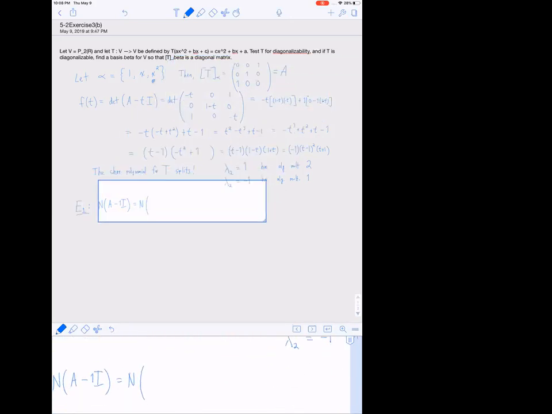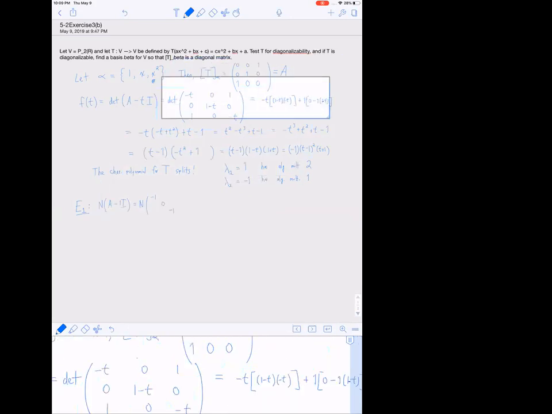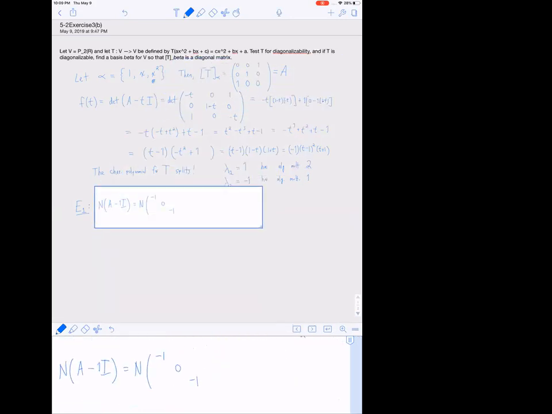So we're looking for the null space of the matrix A minus the identity. That'll put a minus 1 in the top left corner and a 0 in the middle and a minus 1 in the bottom right corner. And then everything else should stay the same. We'll have a 0 and a 1, a 0 and a 0 and a 1 and a 0. Well, we know that the null space is unchanged by elementary row operations.